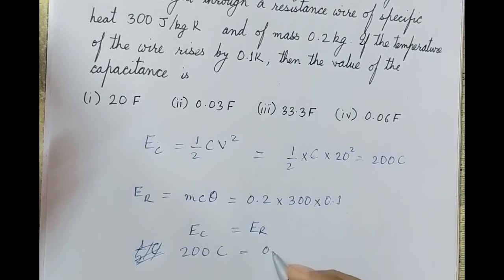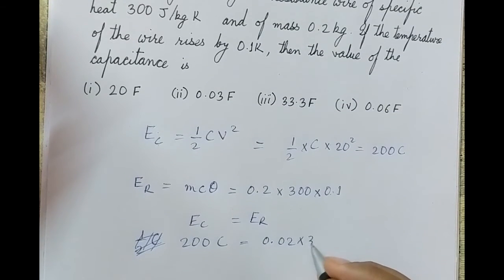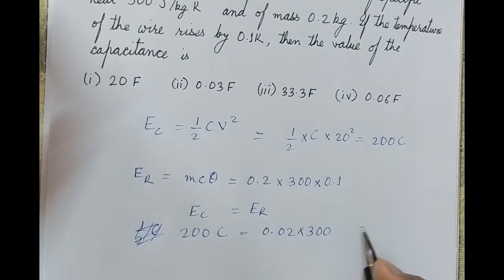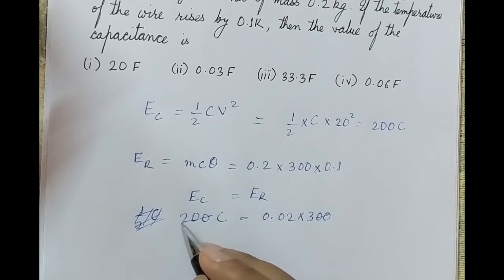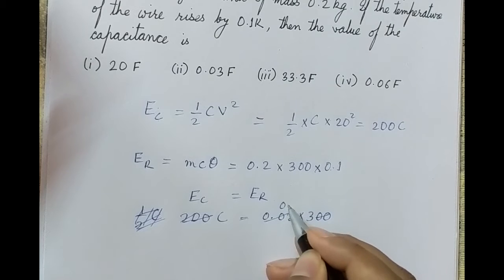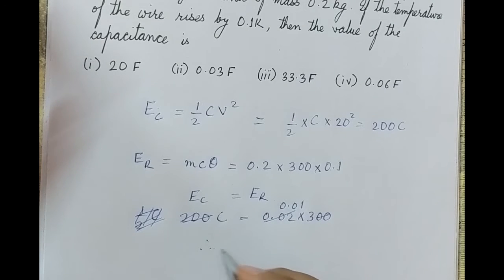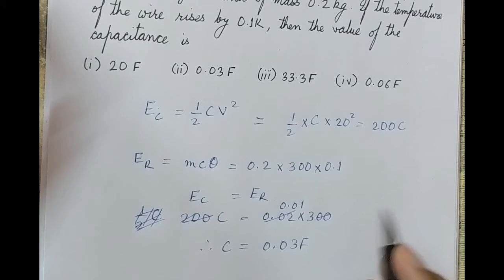So we can write this as 0.02 into 300. Cancel out the hundreds. You have this cancels out 0.01. Therefore, the capacitance is 0.01 into 3, that is 0.03 farad. So our correct option is option 2.